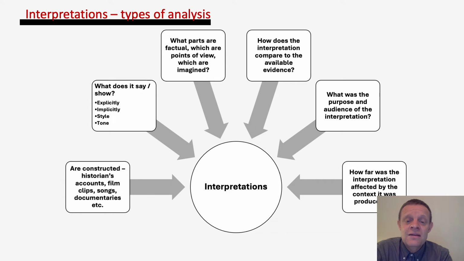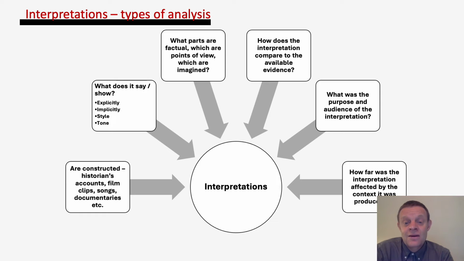We can then sometimes consider, when we take an interpretation, which parts of the interpretation are factual, which parts are the point of view of the historian or the constructor, and have they actually made anything up? So we can use our own knowledge to look at things which are factual, which are points of view, and which are imagined.